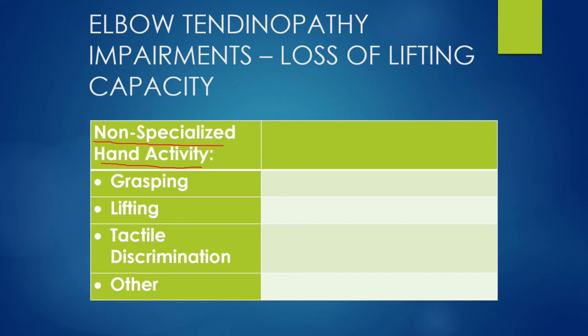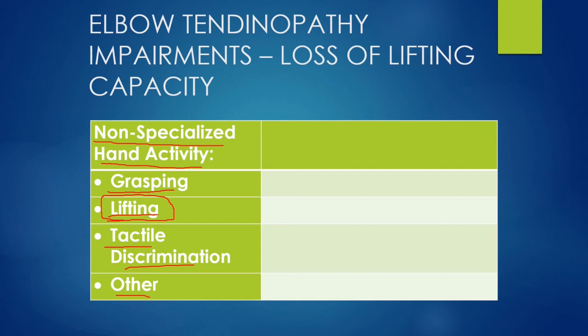So non-specialized hand activities involve grasping, lifting, tactile discrimination, and any other non-specialized hand activity that you can think of. You can describe and provide for permanent impairment for an examinee who has true limitations with those hand activities. So as an example, with regards to lifting activities, the AMA Guides describe here the function and the role of the hands in lifting activities.